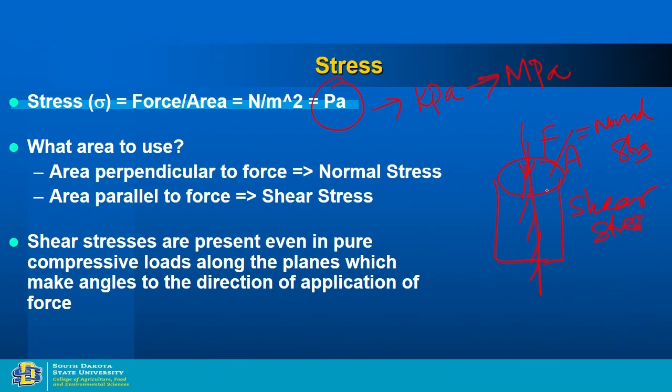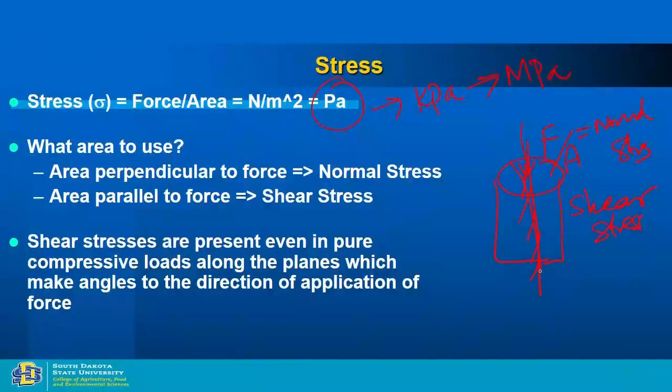The shear stress, we can see this behavior when we do the practicum day after tomorrow. Even in pure compressive loads, there is still shear stress experienced. So when you compress a sample and when it breaks, typically it breaks in the intersection. It always breaks like here. Primarily because when you compress a sample, there is more shear happening within the sample than pure compression itself.